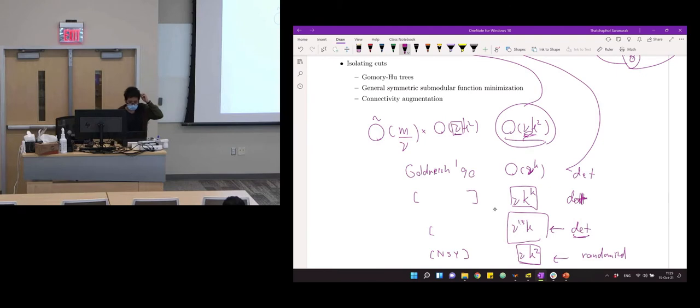What is nice about this is that if you use this algorithm in our setting for vertex connectivity or edge connectivity, even if this is k, not k squared, and this is k to the k, you're still going to get something like m k to the k, right?